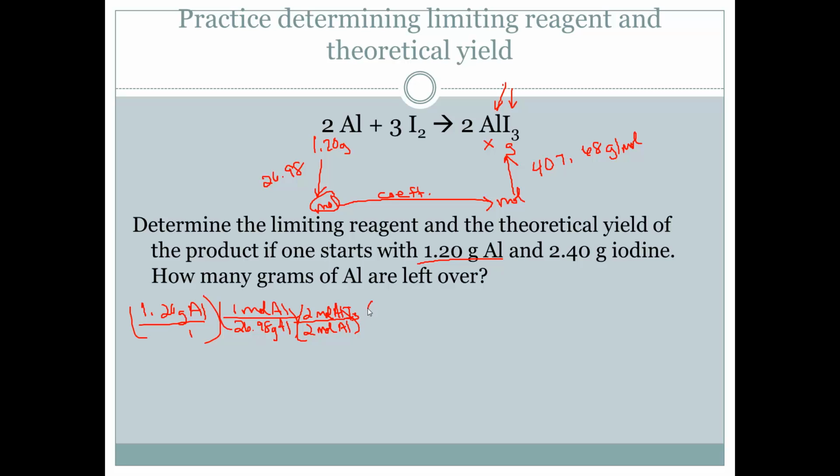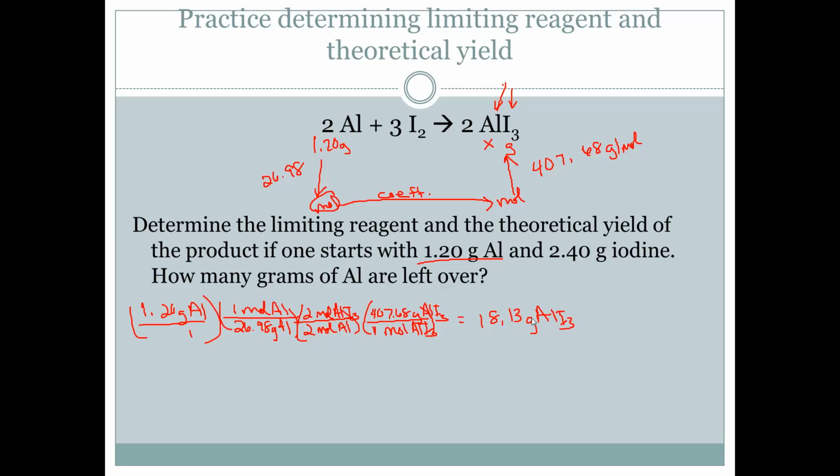And then from here, we can get the mass of aluminum iodide. 1 mole of aluminum iodide using the molar mass is 407.68 grams. That comes out to be 1.20 divided by 26.98 times 2 divided by 2 times 407.68, which comes out to be 18.13 grams of aluminum iodide.